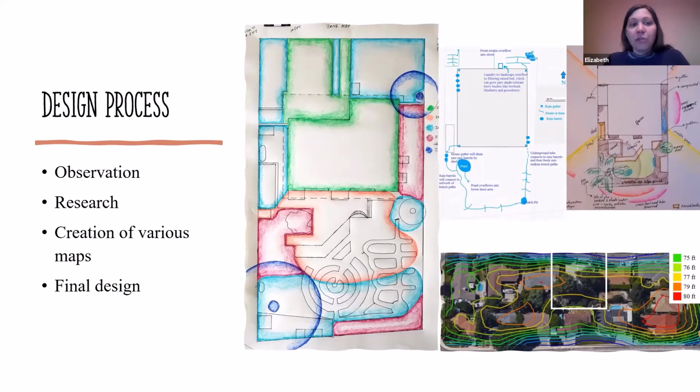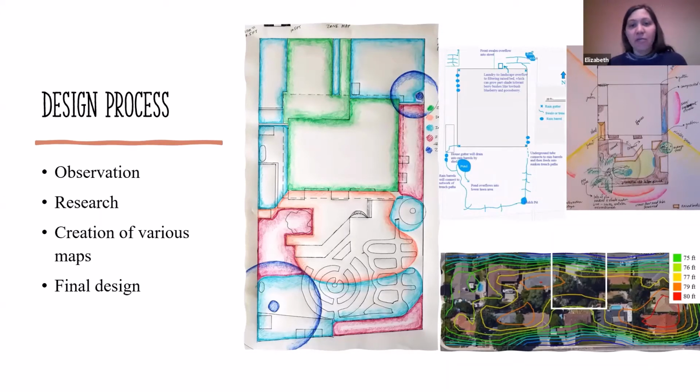And then you do a bunch of research, including the history of how that lot has been used in the past. You research historic rainfalls and really everything you can possibly think of to find out as much as possible about the site. And then you make various maps.